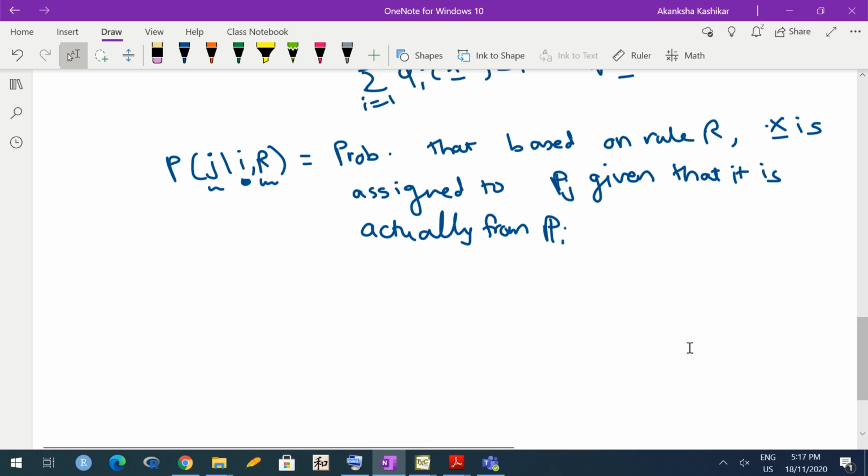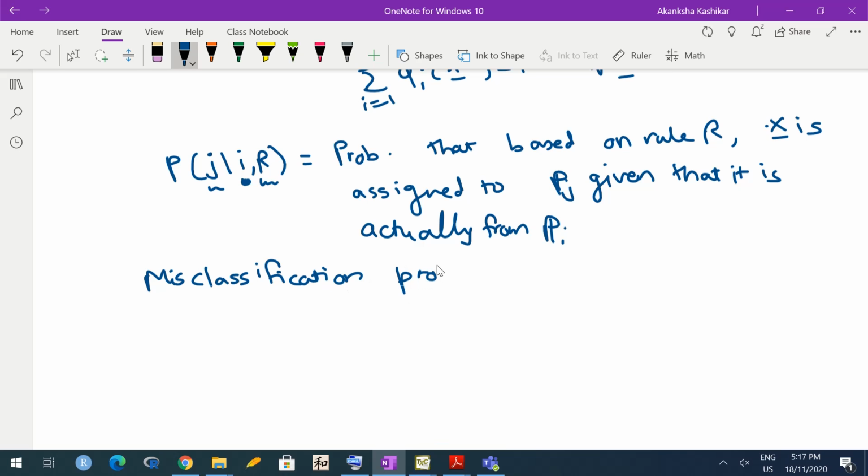So in general, if I want to write the misclassification probability for an observation coming from the ith population, what would this be?